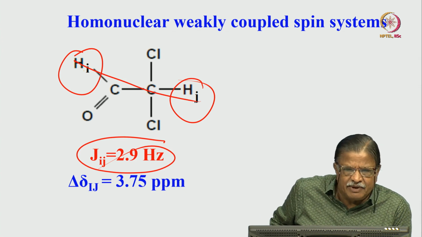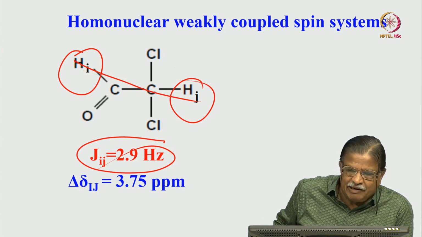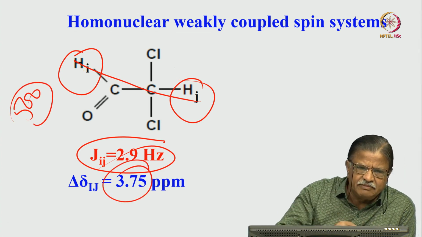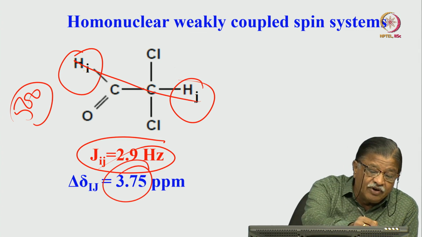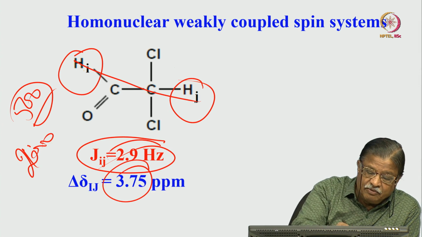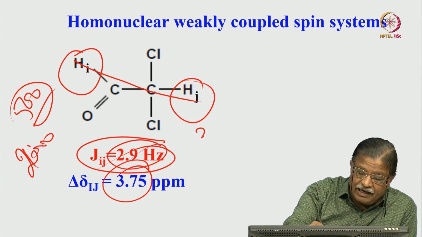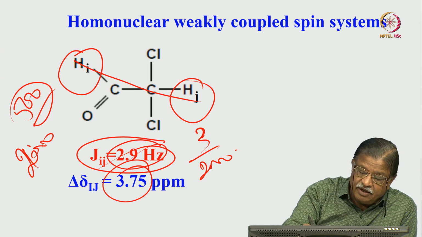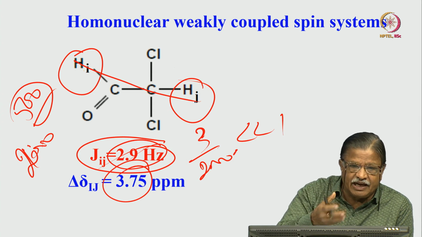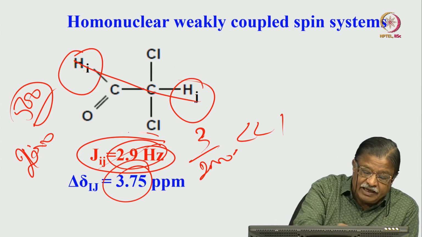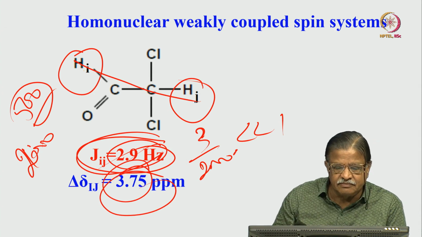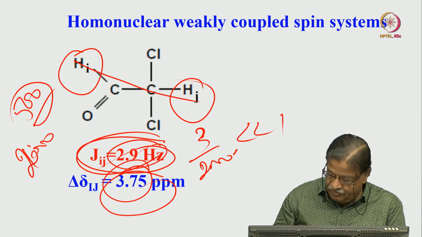Let us say you take the spectrum of this in a 500 megahertz spectrometer, 3.75 ppm, take 4 for calculation, 4 ppm in 500 megahertz is 2000 hertz, and this is 2.9 hertz. 3 over 2000, this is much smaller than 1. Obviously, it is a weakly coupled spin system, because the coupling here is much smaller than the chemical shift difference between these two protons. This is one example of a weakly coupled spin system.